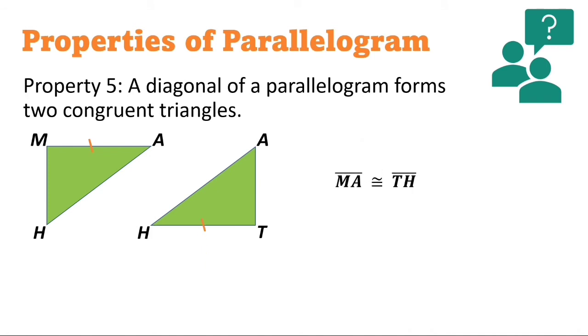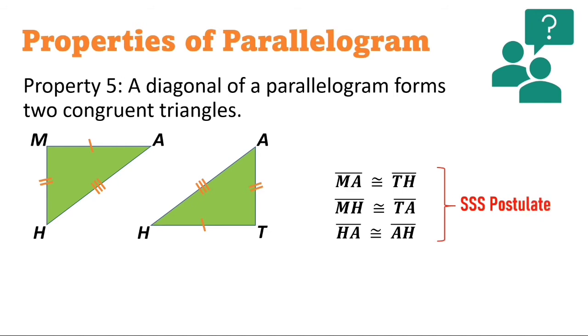Identifying the corresponding congruent sides of these two triangles, we can identify the two triangles that are congruent. In this example, the two triangles that are congruent are triangle MAH is congruent to triangle THA using the SSS postulate.